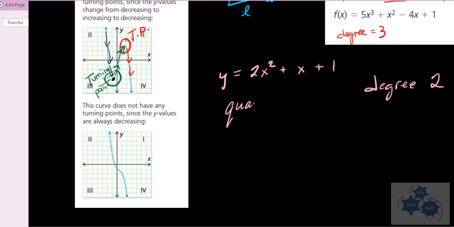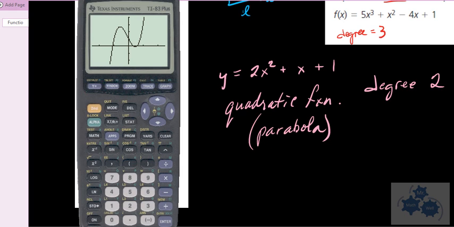So this is a quadratic function. And the quadratic functions, you remember what shape they generally have? A U, or sort of an umbrella, I guess, when they face the other way. So that shape is called a parabola.